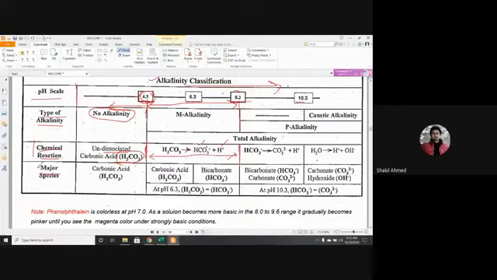What are the major species in this range? It's quite understandable that you will get this and you will get this. Alkalinity species. So carbonic acid will have this and bicarbonate ion this.